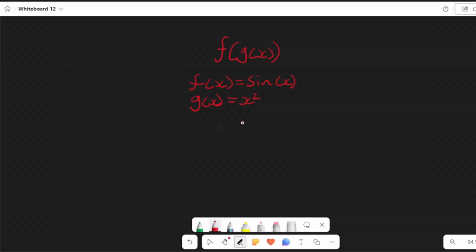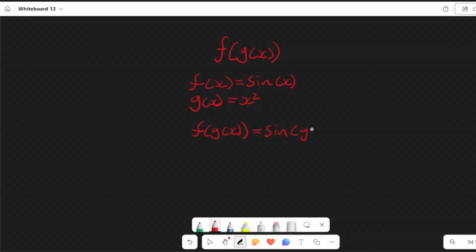So f of g of x is just going to be equal to sine of g of x. Because we have sine of x here, and we replace x with g of x, we're going to have sine of g of x, and that's equal to sine of x squared, because g of x equals x squared.